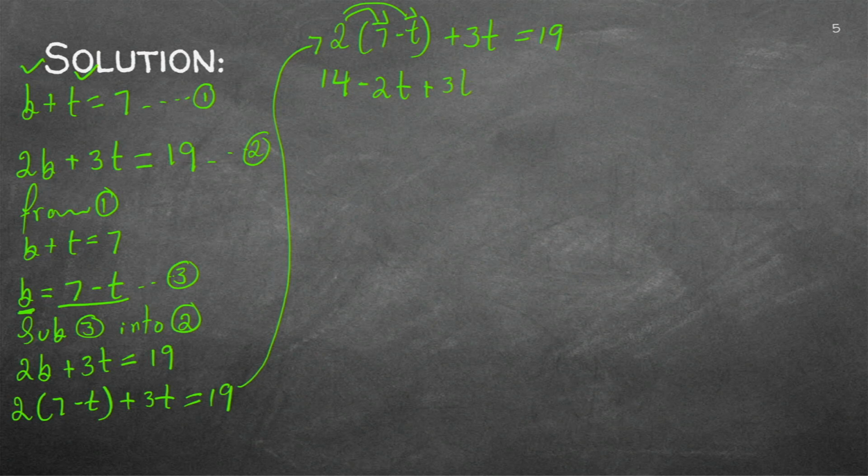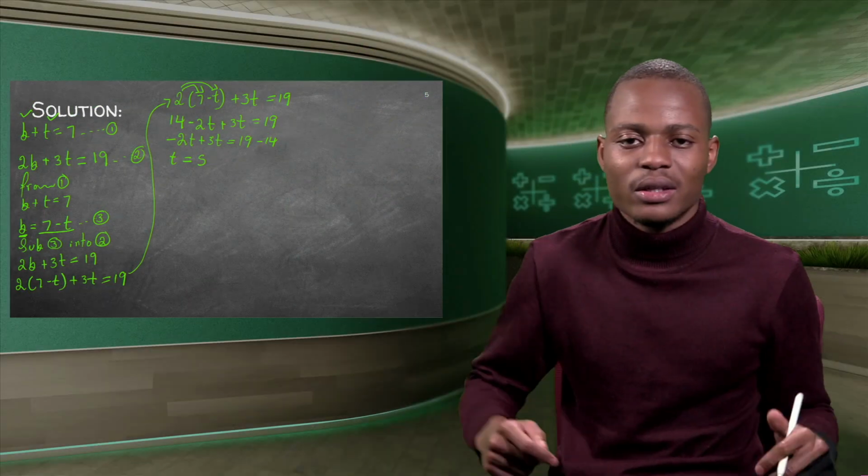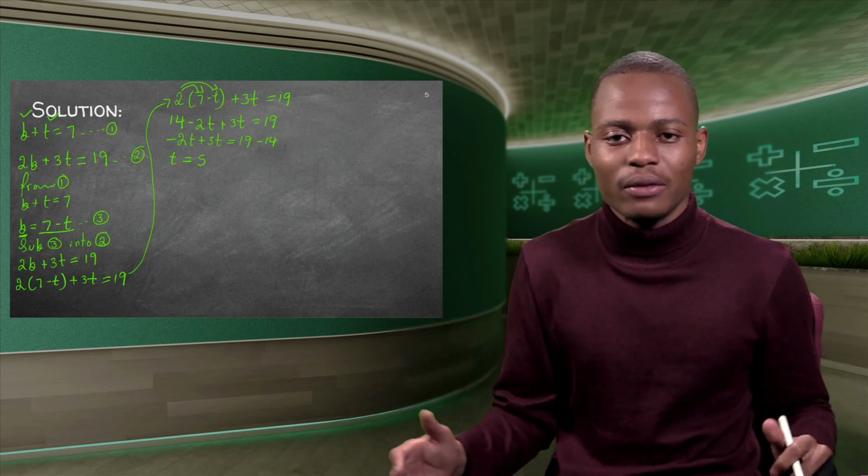This is plus 3t equals 19. So grouping your like terms together, this would be minus 2t plus 3t gives you 19 minus 14, guys. And what is minus 2 plus 3? That gives you simply t, and 19 minus 14 gives you 5. So you have 5 tricycles there. That's what you have, guys, 5 of them.